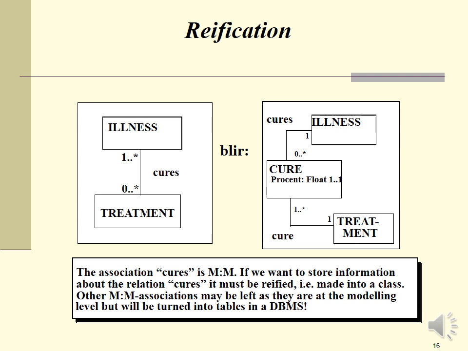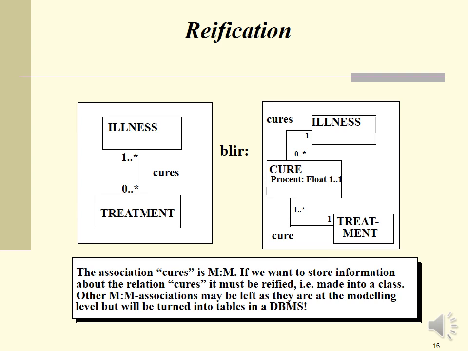And then we just use the old cardinalities. If an illness could be treated by several or many treatments, now an illness can be treated by several or many cures. And if a treatment could treat one or many illnesses, now a treatment is related to one or many cures.